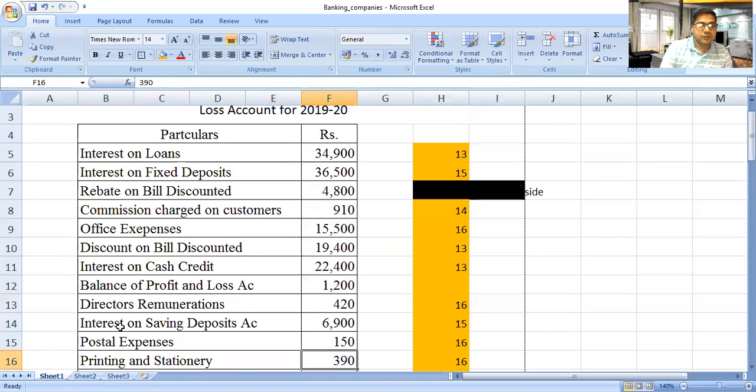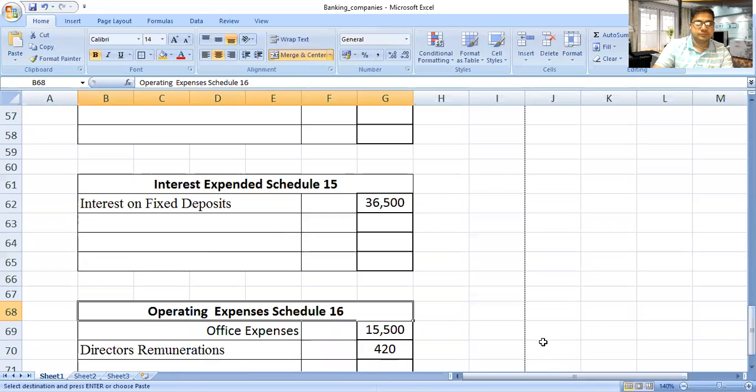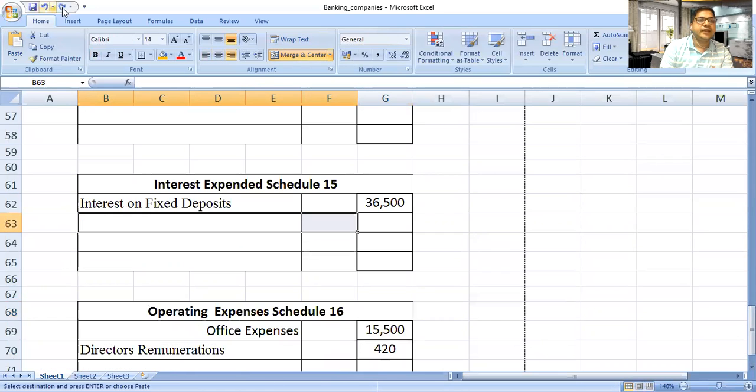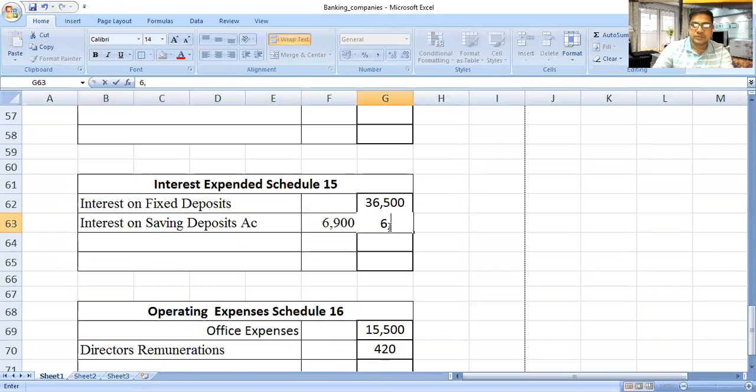After that, interest on saving deposit 6,900. Schedule number 15. It is interest expended, 6,900.